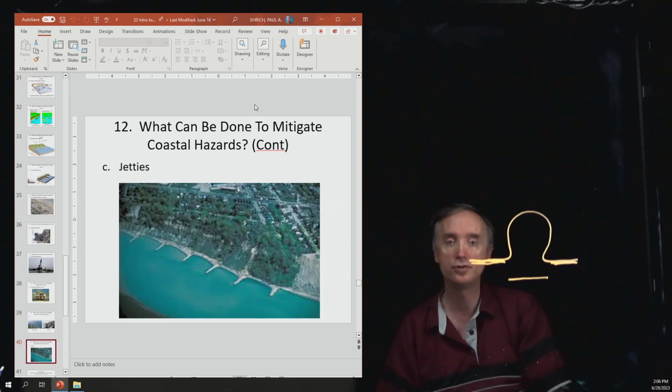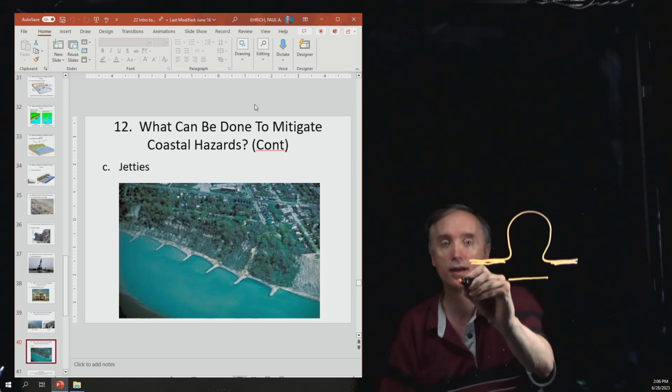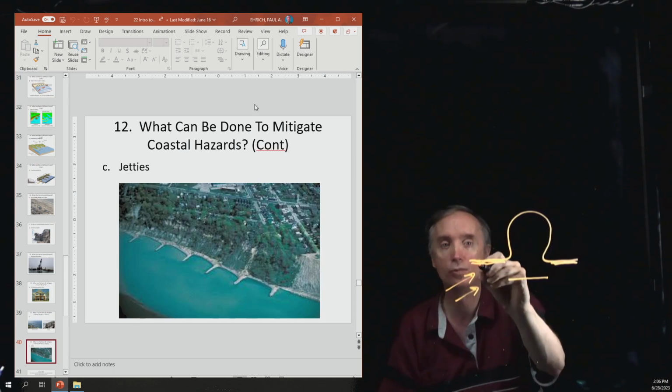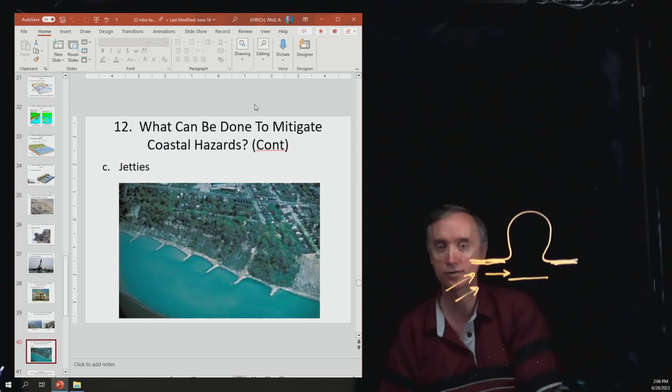Another thing that you can do to prevent sand erosion, so let's say that the waves are coming in from this direction, and then what that's going to do is it's going to cause any sand that's right here to migrate in that direction.